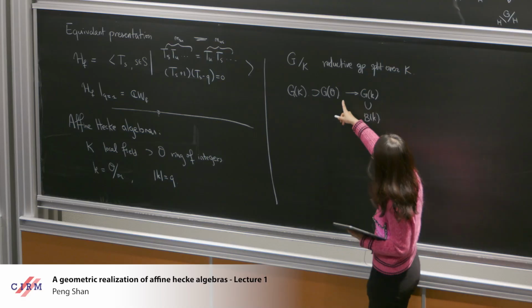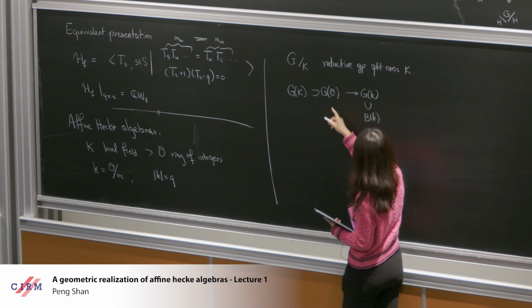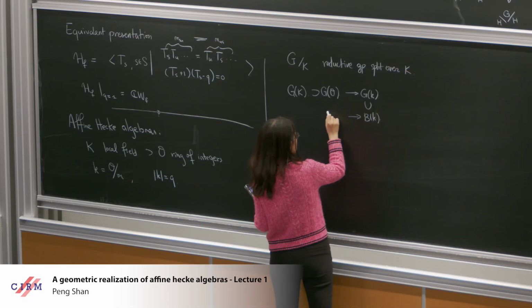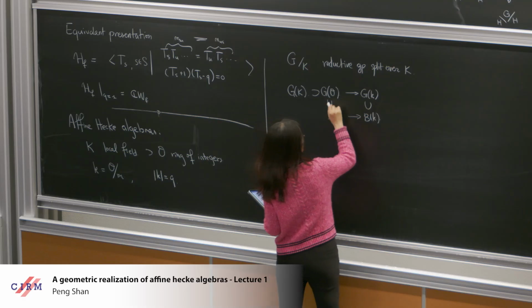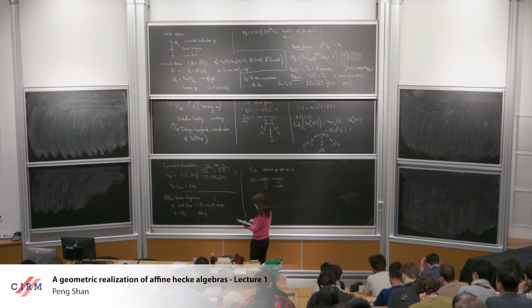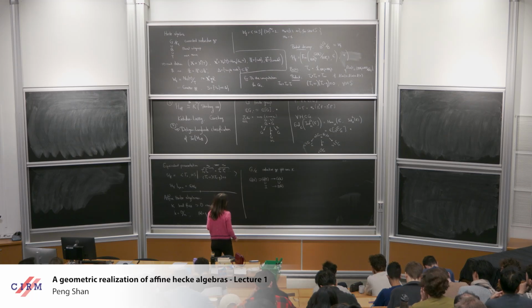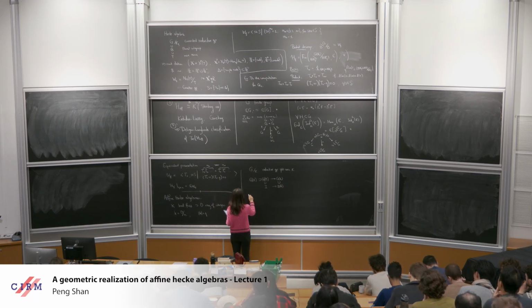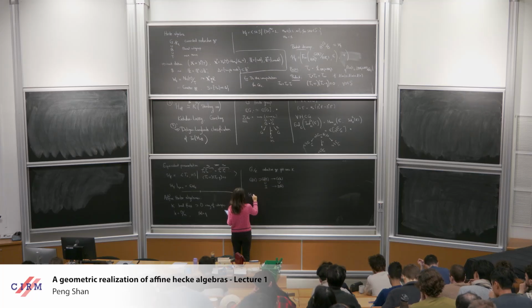Then I take the pre-image of the Borel under this map, and this gives me an Iwahori subgroup inside G of O. Things are a little bit infinite now, but the idea is basically the same.